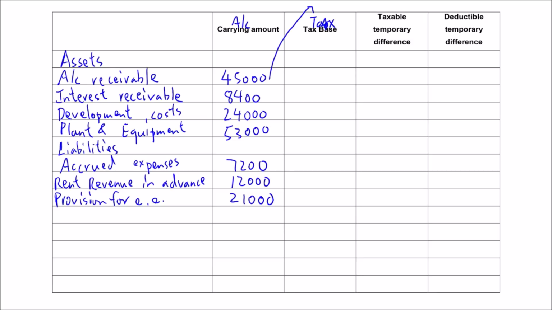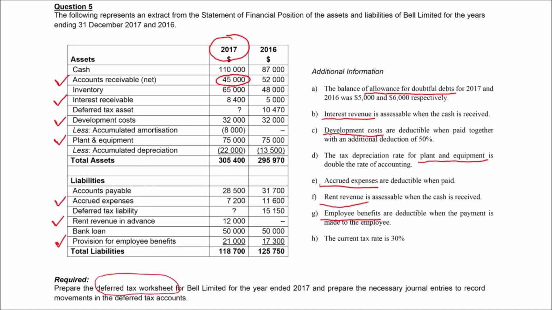In terms of the calculation of the tax base, what you need to do is go back to the question, and it says that the allowance for doubtful debt for 2017 was $5,000. This $5,000 is the carry amount of that doubtful debt, but we don't have anything for tax base.